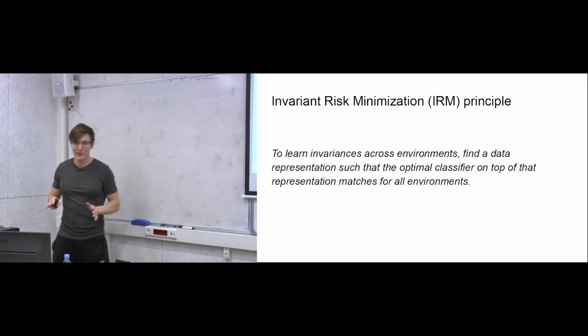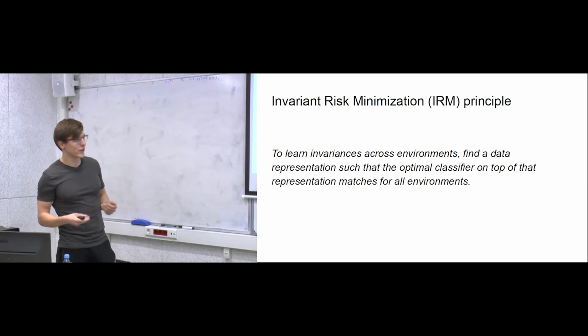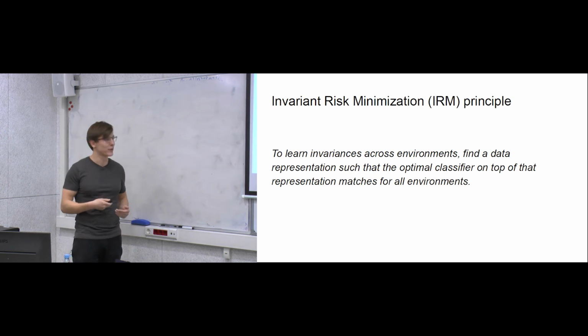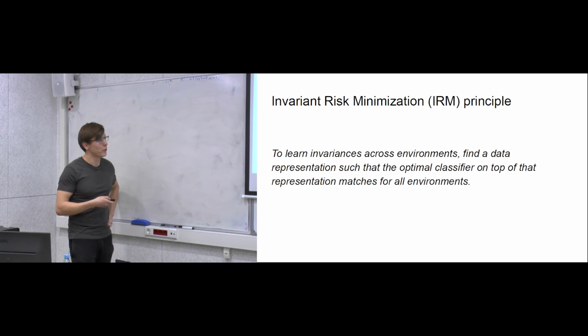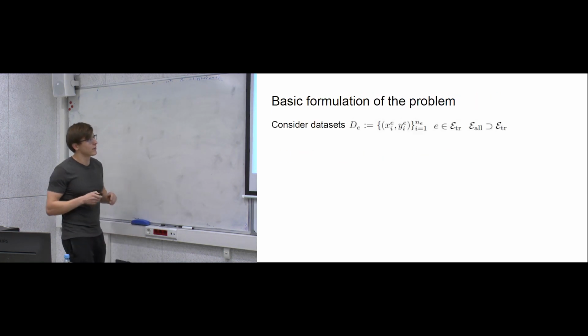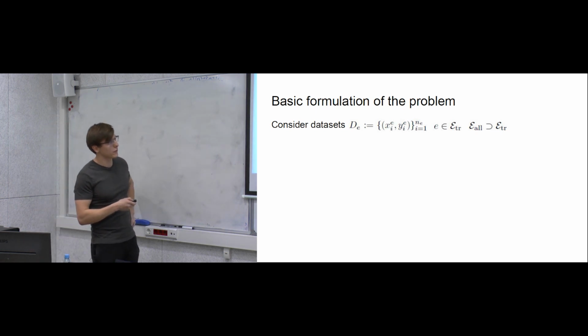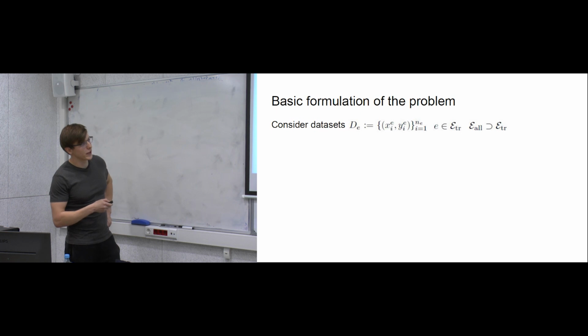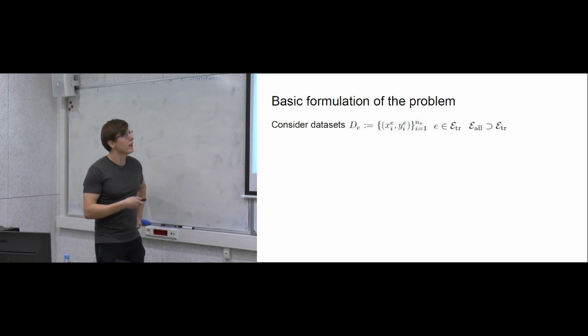So I understand that this is not clear at all by now, but by the end of this talk, I hope that things will get more apparent. So let's be more concrete. The basic formulations. So we consider that we have several data sets. As I said, they are collected from different training environments that are a subset of all environments possible.